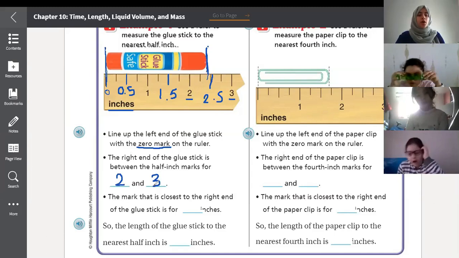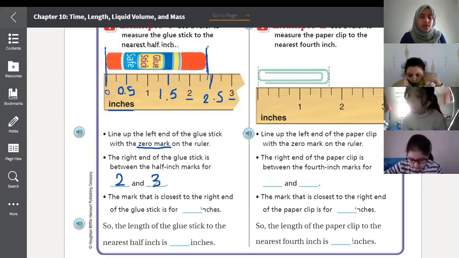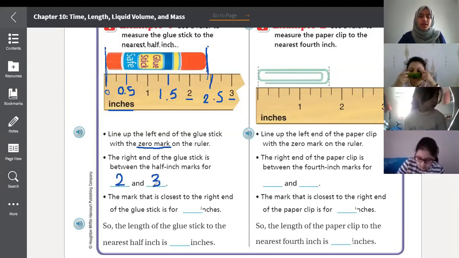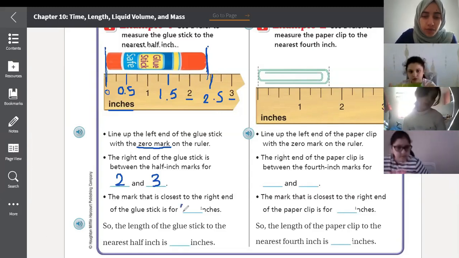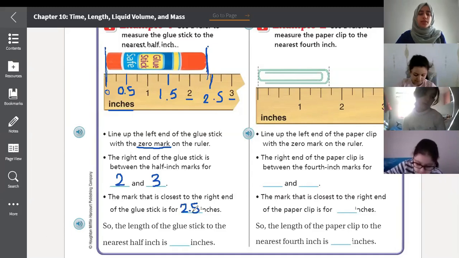The mark that is closest to the right end of the glue stick is 2.5 inches. So the length of the glue stick to the nearest half-inch is 2.5.